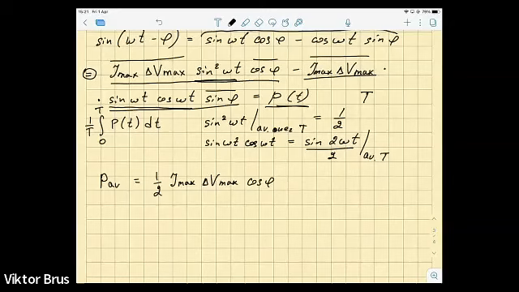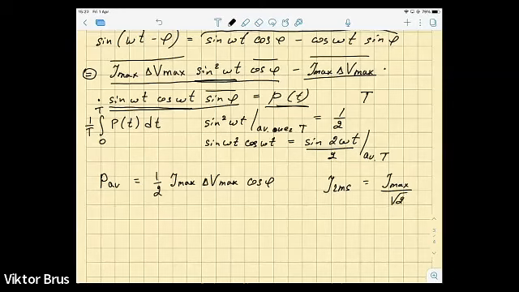So that is the expression for average power, and it can also be represented in terms of root mean square values. We introduced this during our first discussion about AC current. Just to remind you, I RMS, root mean square value, is equal to I maximum divided by square root of 2.